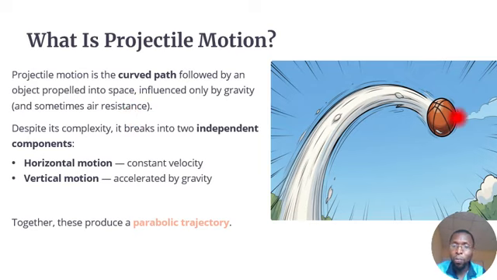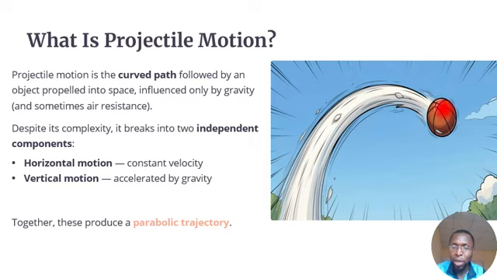Look at this ball now. This ball is undergoing projectile motion because it has created a curved path as a result of being kicked into the air. As it keeps moving, it takes a curved path. That curved path is what we refer to as projectile motion.